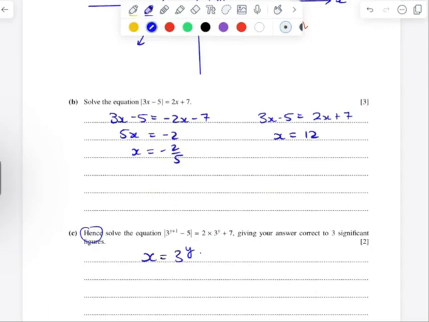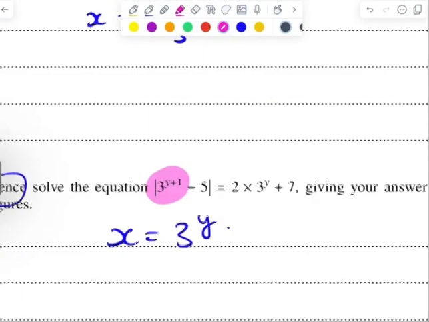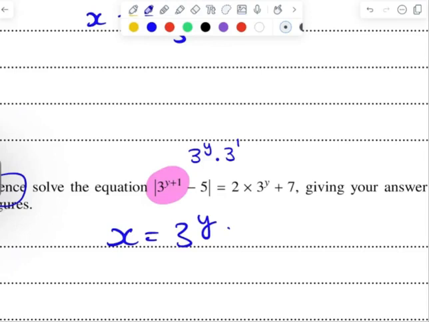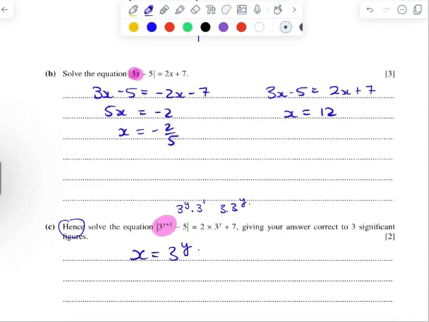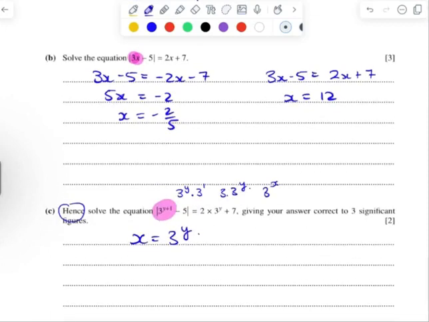And then I just want to make sure, is that exactly true? So here we've got our 3 times x, and this just looks a little bit different over here, but we need to remember that we can break this up. This is the same as saying 3 to the power of y multiplied by 3 to the power of 1. In other words, 3 times 3 to the power of y, and if we were to say that x is 3 to the power of y, that would be the same as 3x. Okay, so just make sure that you can completely relate these two questions.